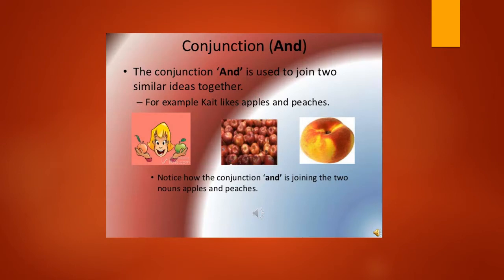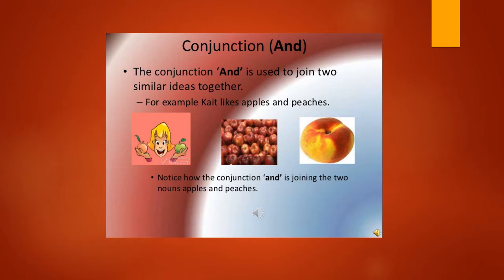The first conjunction word that we are going to study is and. The conjunction and is used to join two similar ideas. For example, Kate likes apples and peaches.